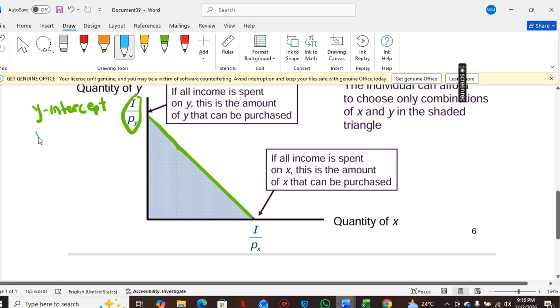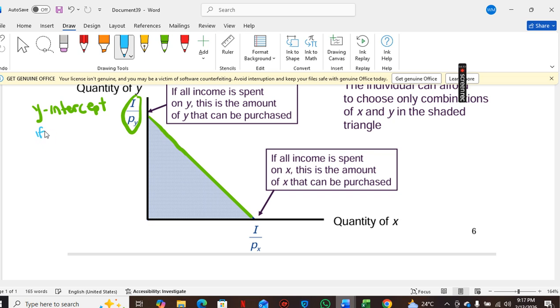This is what this y-intercept is saying. If we only buy good Y, how many units do we get?